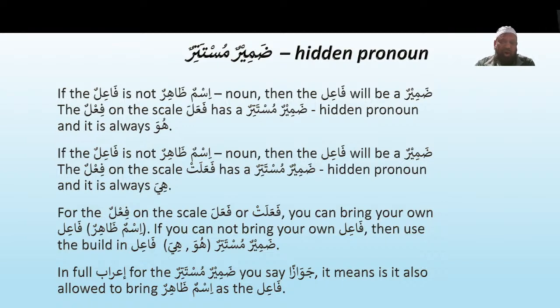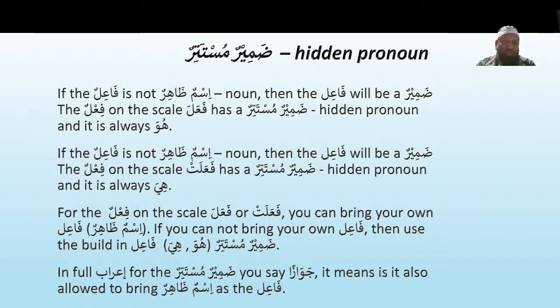If there is no noun mentioned in the sentence as the fa'il, you have to go back to damir to make the fa'il. The fa'il on the scale of fa'ala, all the verbs we've learned, khalaqa, fataha, jalasa, nasara, all these are on the scale of fa'ala.